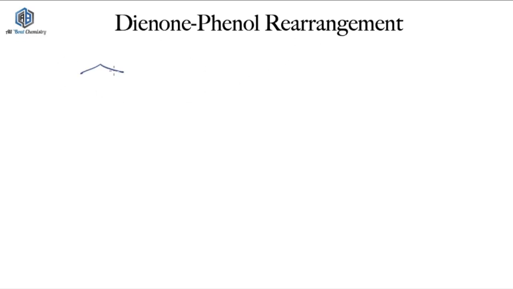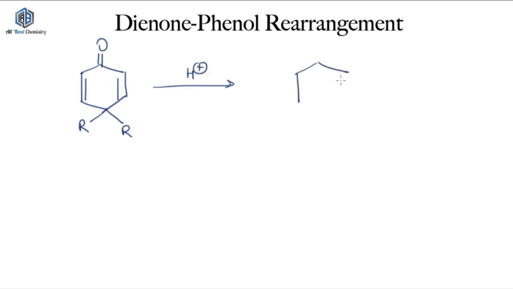If I show you with an example, let's say this is your dienone, and we have two groups over here. In the presence of some acid it will get converted. It's a dienone because you can see an enone on the left side, and similarly on the right-hand side.